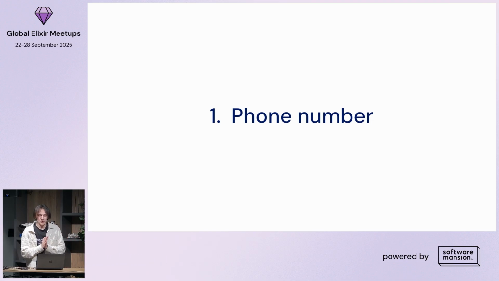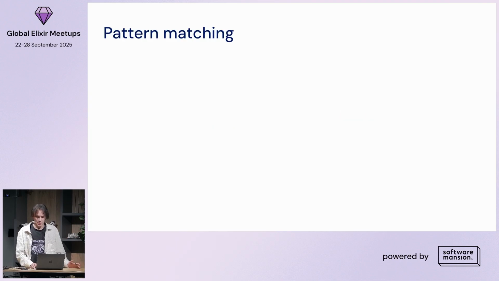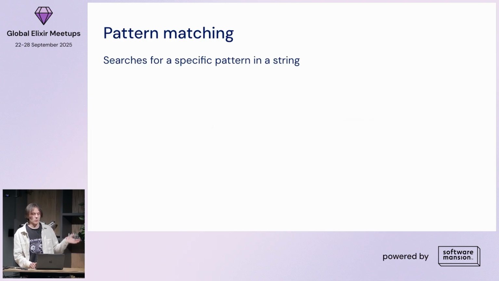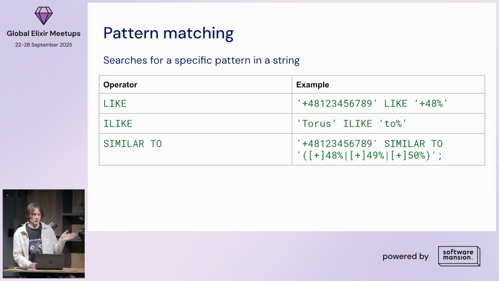Phone numbers have this property that the semantics of the data live in the characters of the data. Because if you type 1, then there is no chance, or really low chance, that you meant 2, only because it's close on the keyboard. And for phone numbers, we use pattern matching search. Pattern matching searches for a specific pattern in a string.